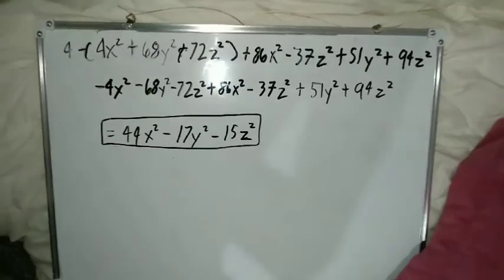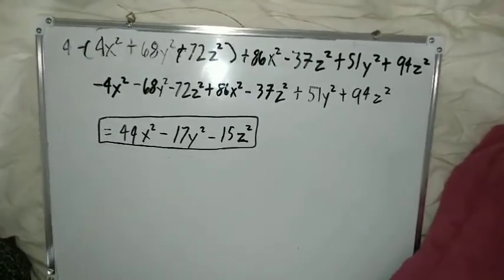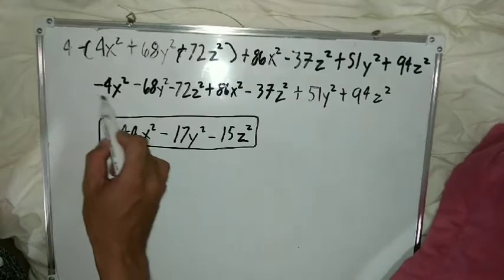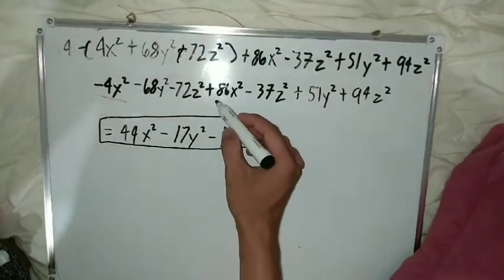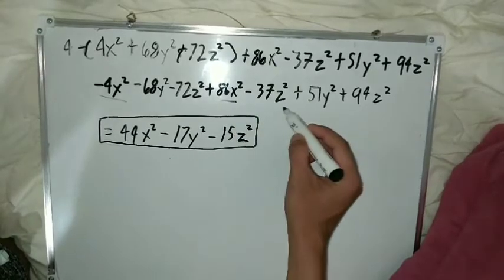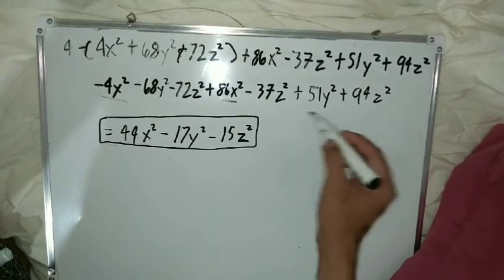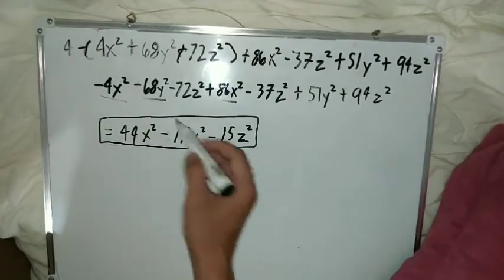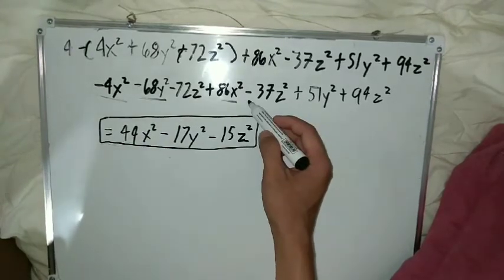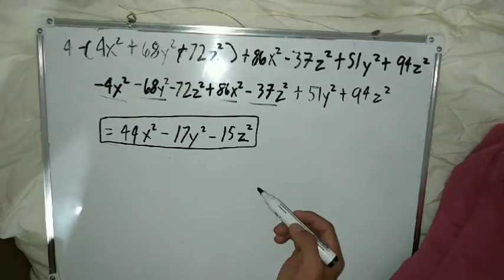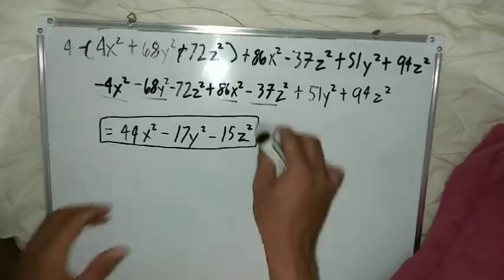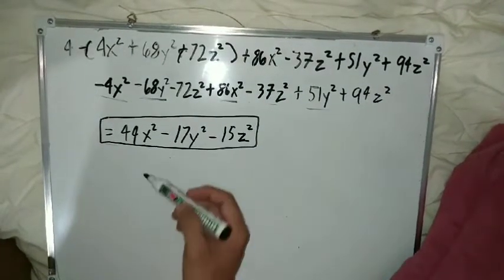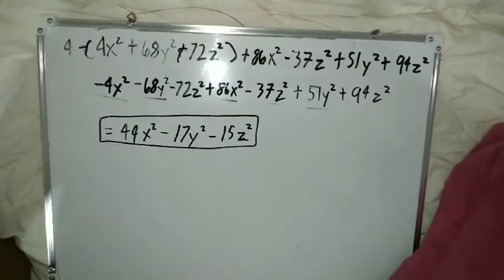Then you should look for the values that have the same variables. So negative 4x squared and plus 86x squared, then the answer is positive 44x squared. Then negative 68y squared minus negative 37 plus the positive 51y squared, then the answer is negative 17y squared.